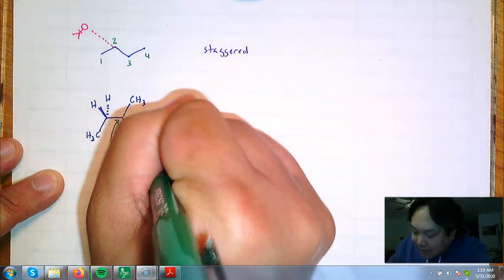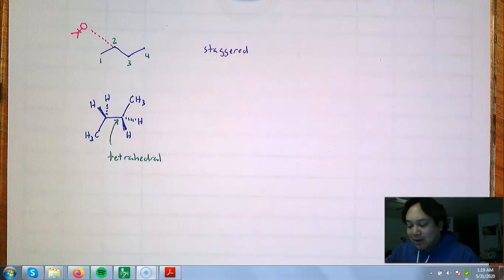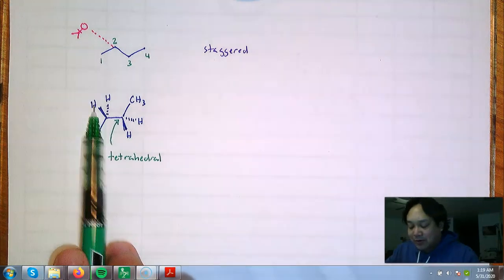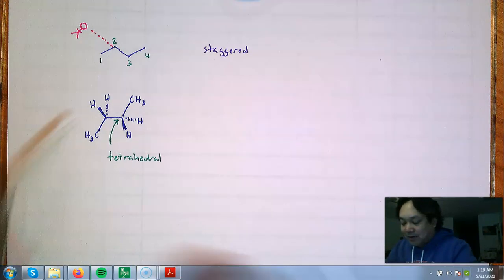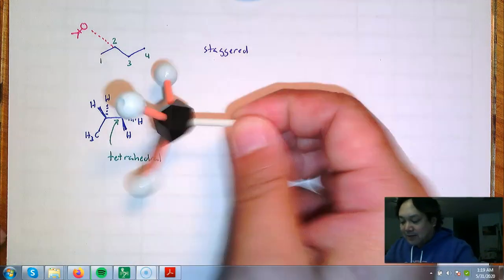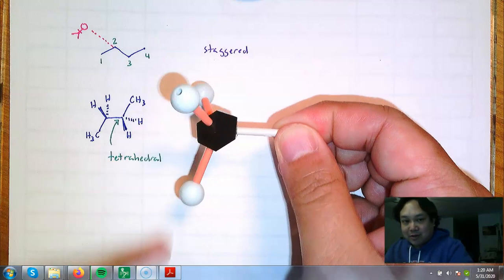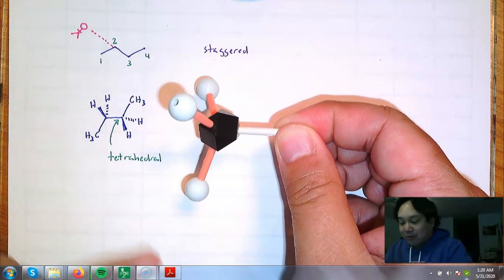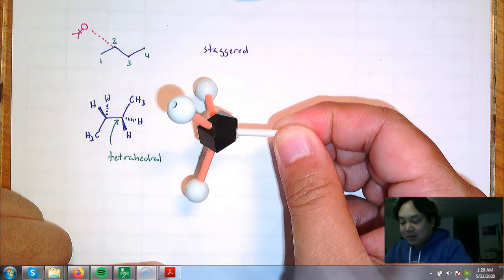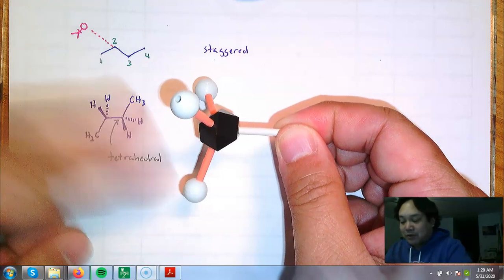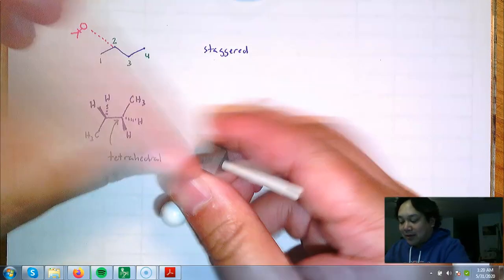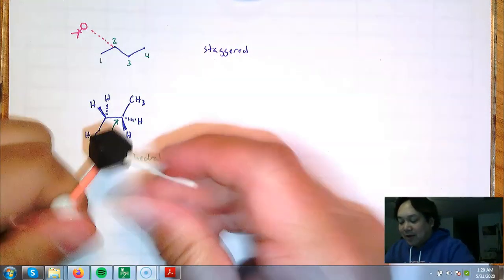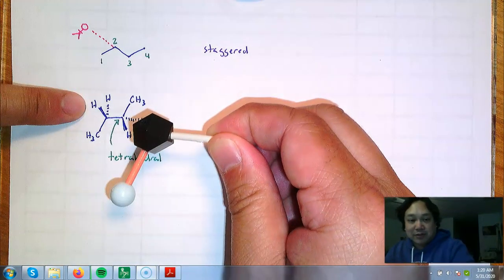And this will be second nature to you. Like, how did I know that my wedge and dash will be going slightly up instead of going down? Because if you take a look at a carbon that has a tetrahedral shape, look at that. Look at where my 3 bonds are, the pink bonds. One straight down in the plane, one towards us going up, one away from us going up. I had this drawing here, and I wanted to add these 2 hydrogens on the left.